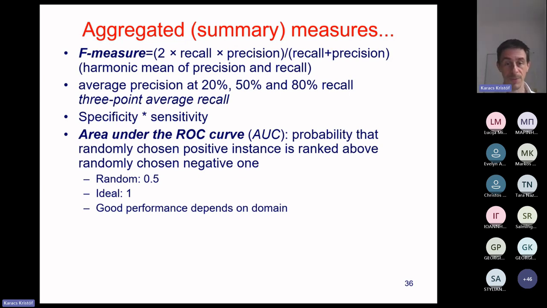And getting back to the curves, which I promised to get to, the typical way of measuring the performance of a whole curve is to measure the area under the curve. This basically corresponds to the probability that a randomly chosen positive instance is ranked above a randomly chosen negative one, which is 0.5 for a random classifier and 1.0 for the perfect classifier.